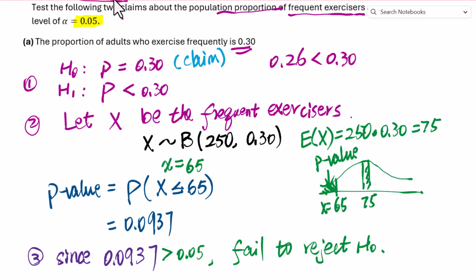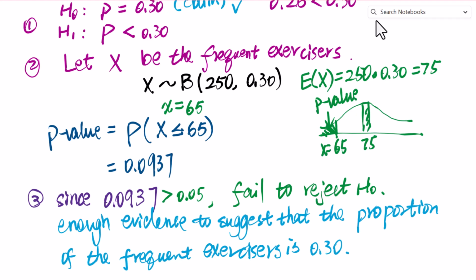Fail to reject H0 means check for claim. So our conclusion will be: enough evidence to suggest that the proportion of the frequent exercisers is 0.30.